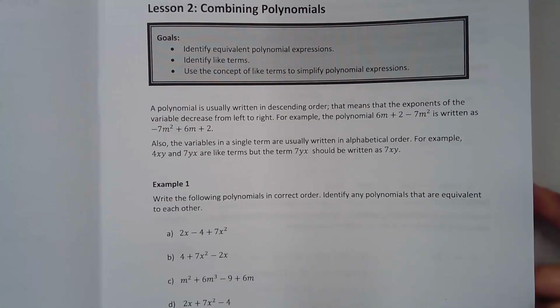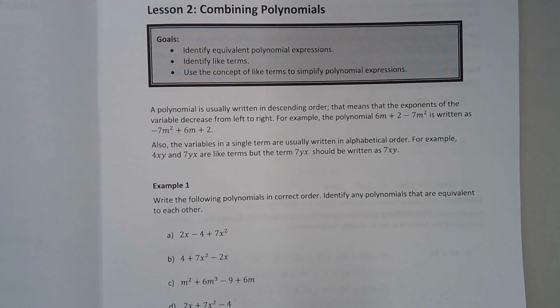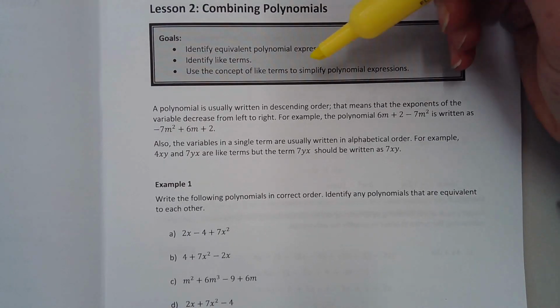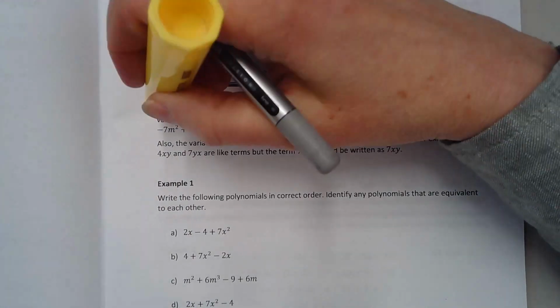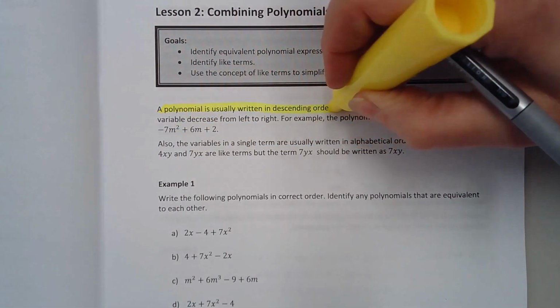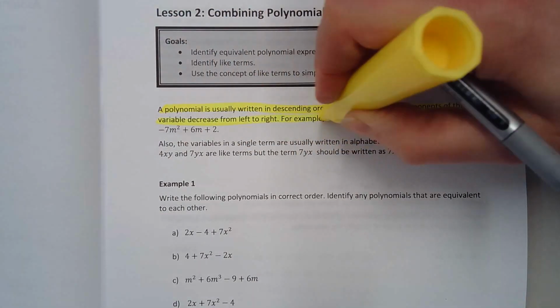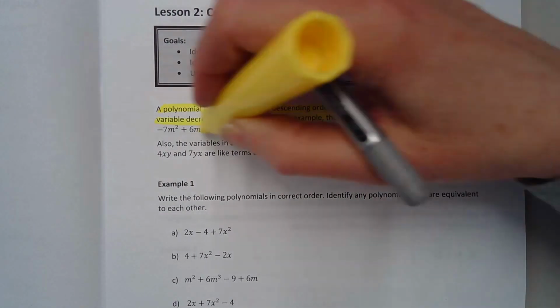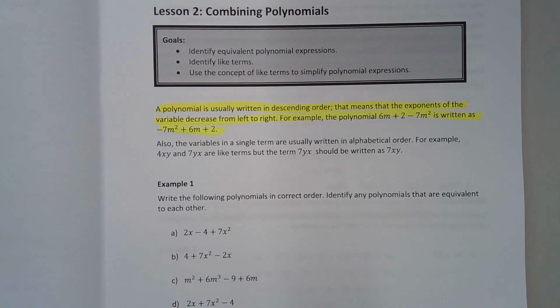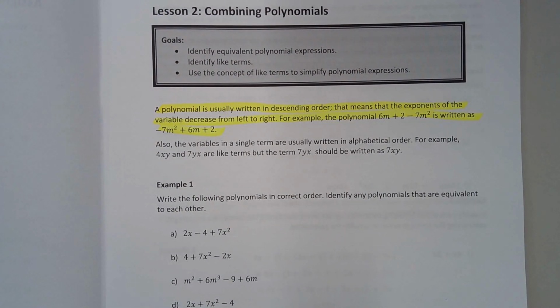Again, by convention, polynomials are written in a certain way. So polynomials are usually written in descending order, and we say descending by looking at the exponents, okay? So when you have the same variable being used, and sometimes you don't, but I'll discuss that in a minute.